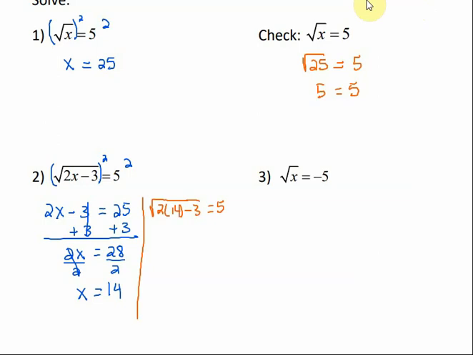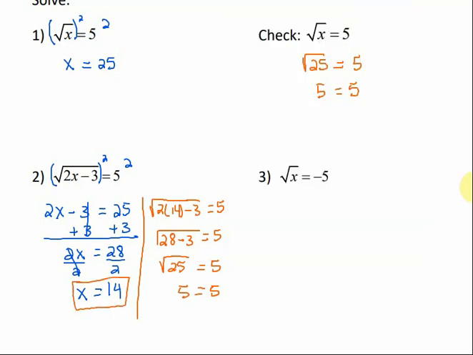All right, so 2 times 14, that's 28, minus 3. 28 minus 3 is 25, and the square root of 25 is 5. So this answer is correct.